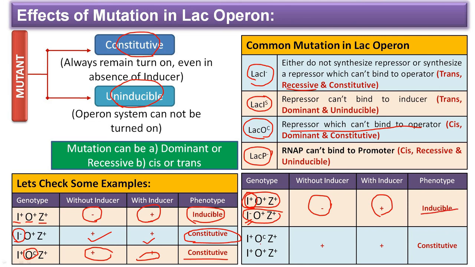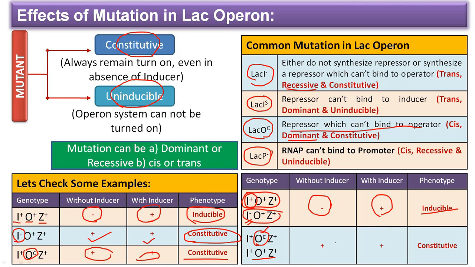Now in case 2, the mutation in the first chromosome is in the operator gene, and the second one is normal. Now what type of mutation is in the operator? Let's see here. If mutation occurs in the operator, then it is a dominant type of mutation. Means the effect of mutation can be seen in presence of wild type also. So if the mutation occurs in the operator, the repressor protein will not be able to bind to the operator.